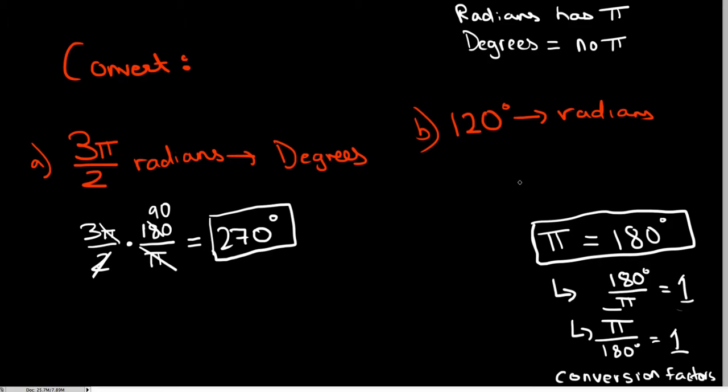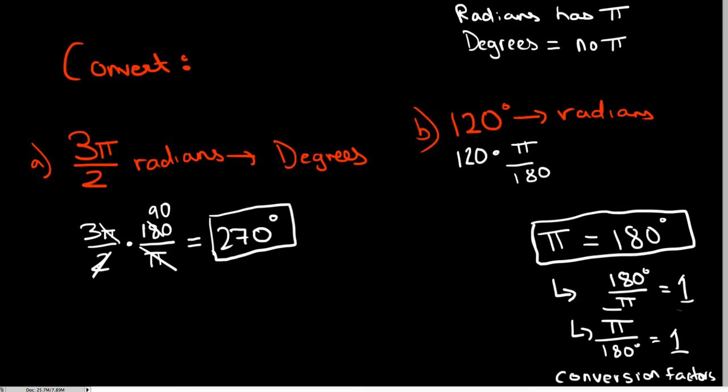Now let's try this one. Let's try going from degrees to radians. So again, here we have no pi. So if we want to get to radians, we want it to have pi this time, right? So if we want it to have pi, we need to multiply it by a factor that has pi in the top, and that is this one. So let's go. 120 times pi over 180.